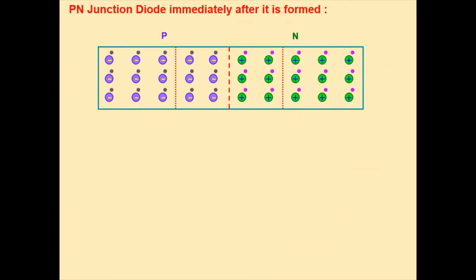Now when the PN junction diode is formed, the electrons from the n side and the holes from the p side will diffuse across the junction, and an electric field is set up across the junction. As you can see, the electrons from the n side and holes from the p side diffuse across the junction and combine with each other.